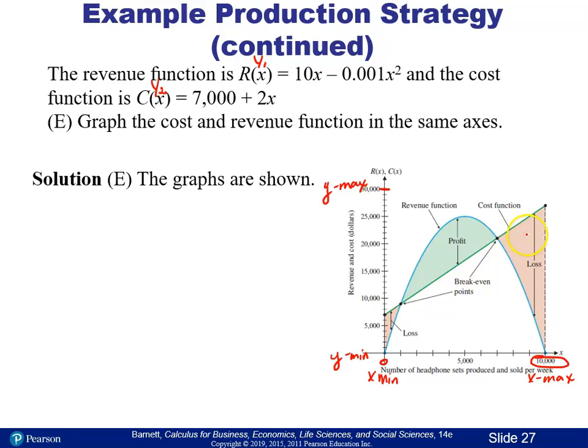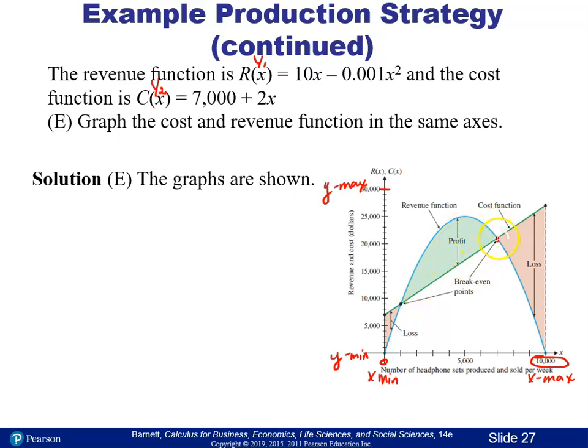As far as understanding this, what we see is that the cost function is just a line, a linear function, and the revenue is a quadratic function. So there are times when the revenue is below the cost, which means the company is taking a loss during that time. So this point is important to find. Then we're profitable during this part here because the revenue function is above the cost function, so we are making a profit.